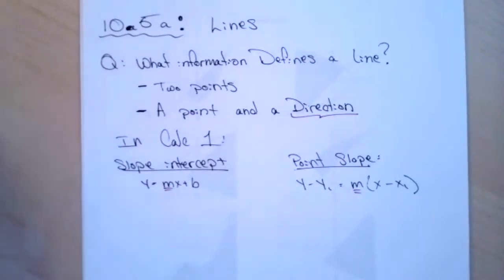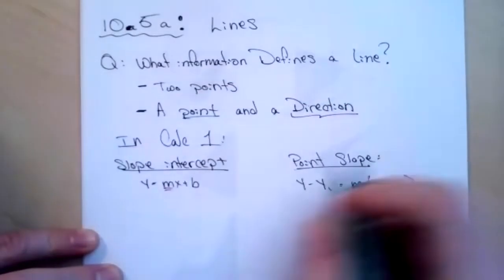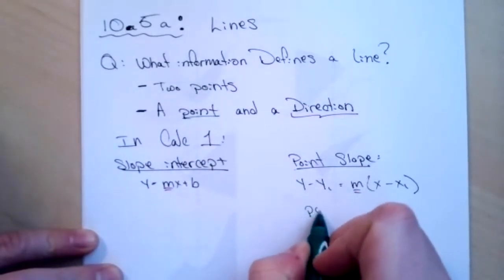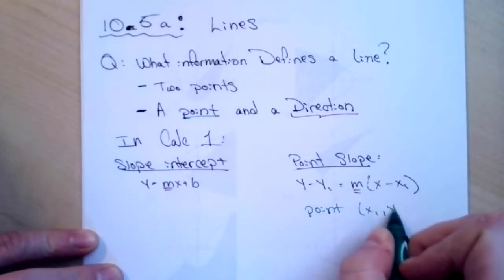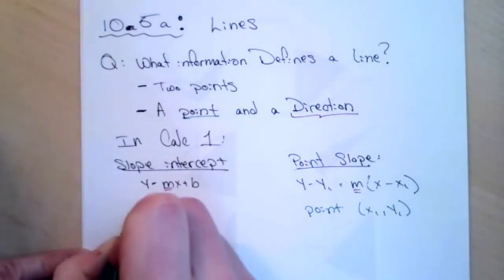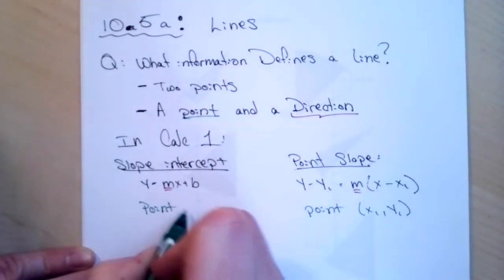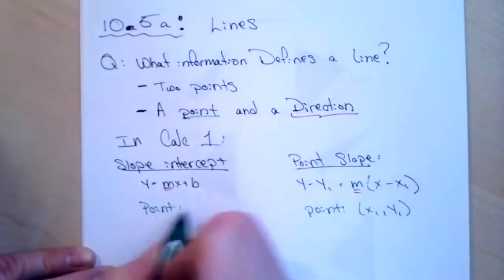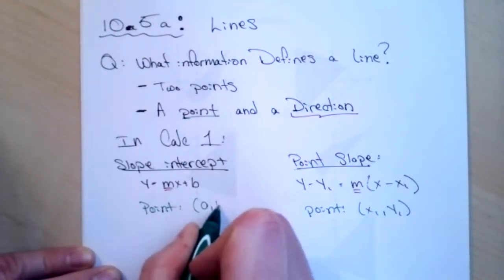So hopefully everyone understands what the point is. The point is always pretty clear. Your point here, of course, is x1, y1, excuse me. And slope-intercept is actually the same as point-slope form. It's just that we're using the specific point as our y-intercept, so 0, b.